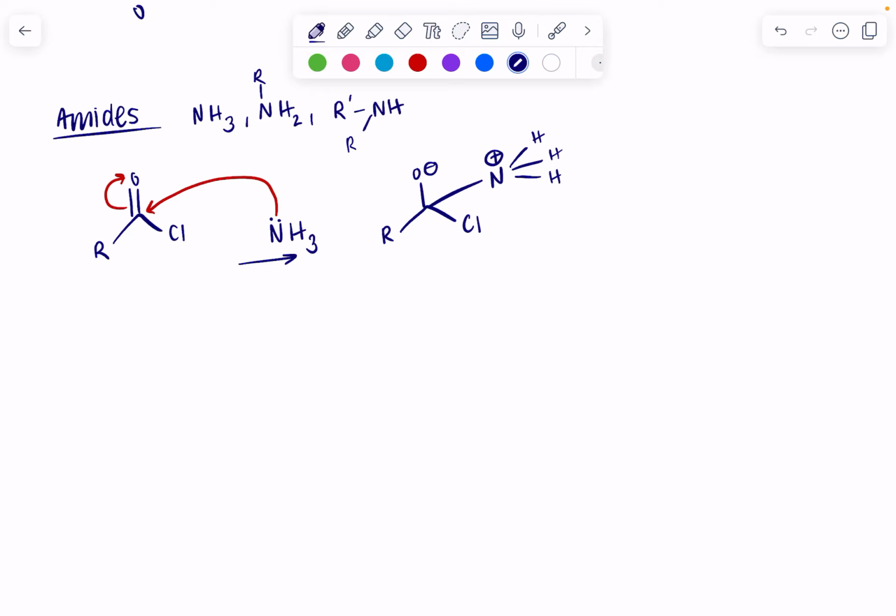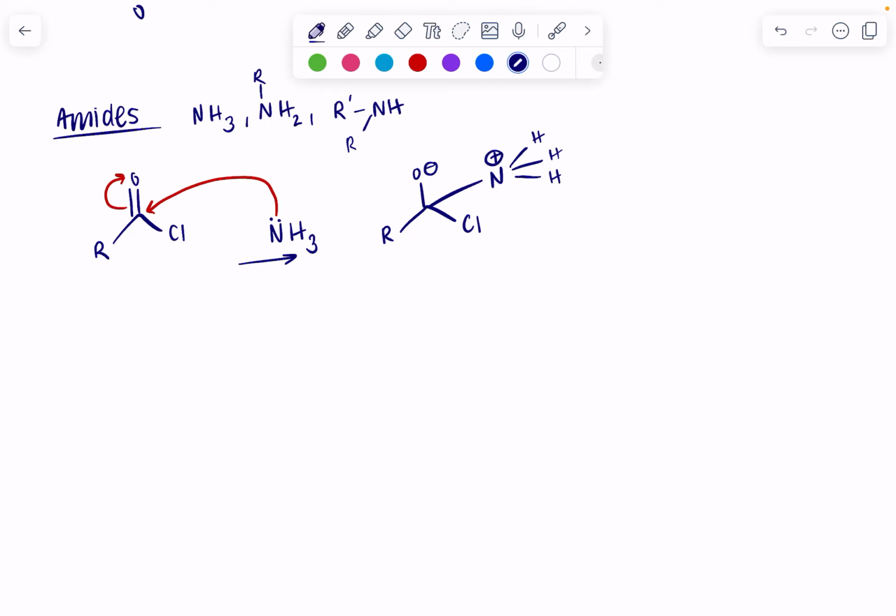So we want something to take that positive charge out of solution. We could use a couple of things, maybe NH2 or NH3.